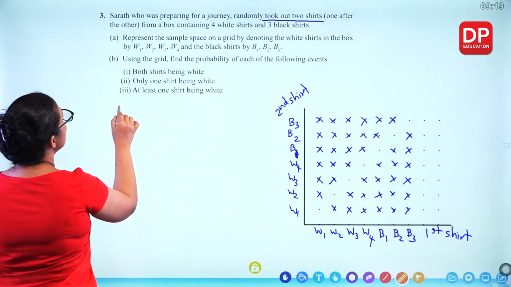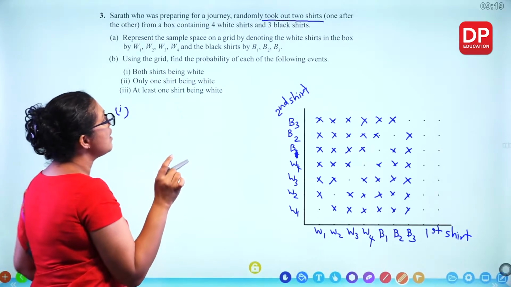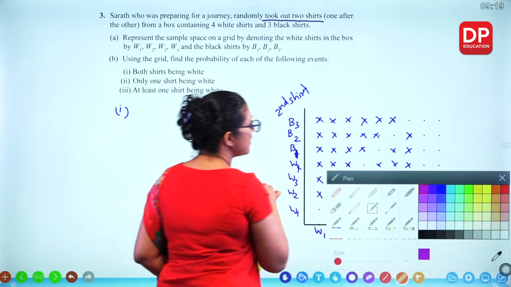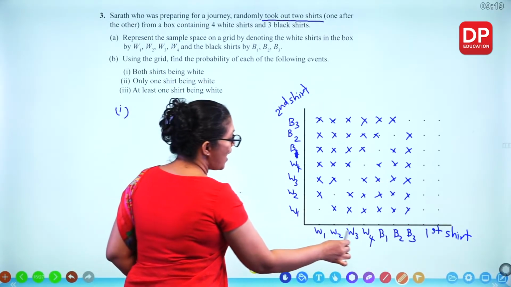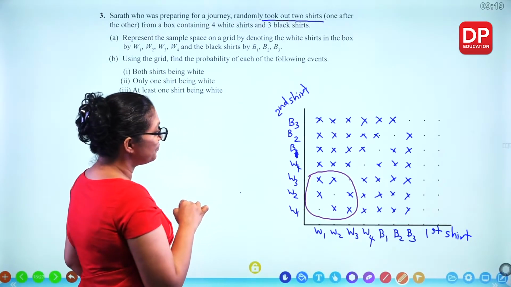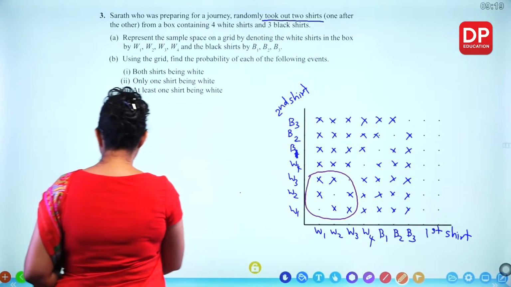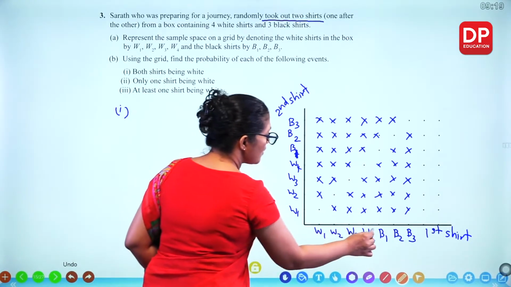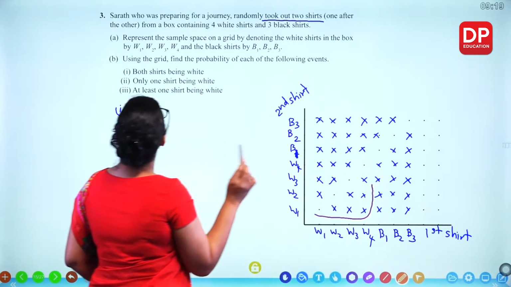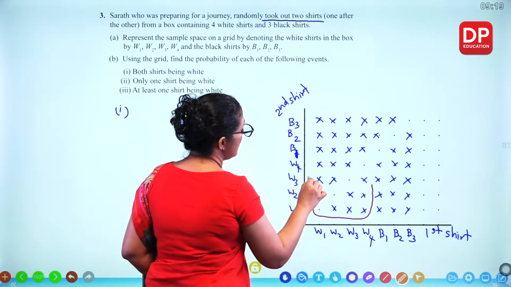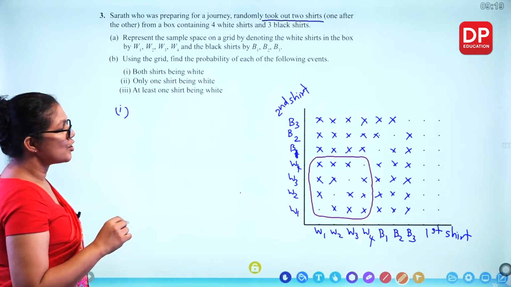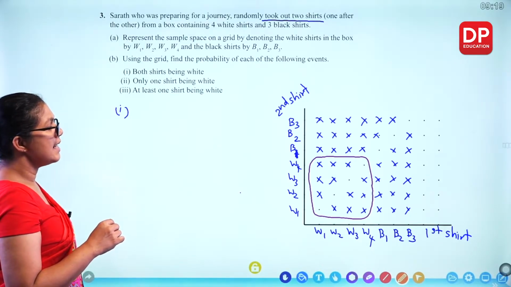Using the grid, first part it says both shirts being white. Both shirts being white, I'll take this color. So white and white, this part you can get. No, so here I missed one white color. So both shirts white means this full set you can get. So how many altogether? 1, 2, 3, 4, 5, 6, 7, 8, 9, 10, 11, 12.